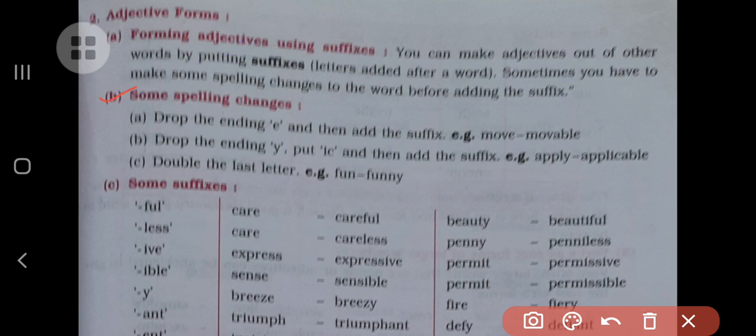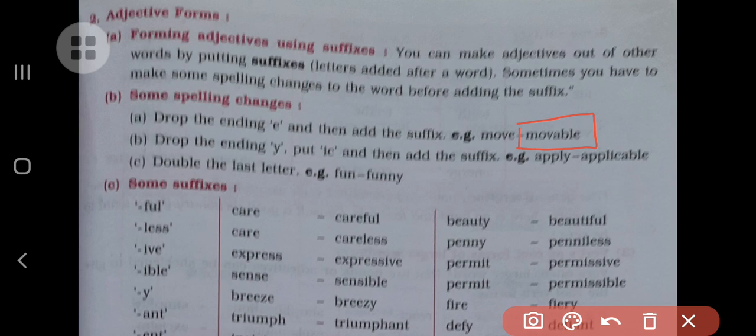The second way of forming the adjective is some spelling changes. So what are the spelling changes? Drop the ending letter e and add the suffix. For example, one word given here is move. Now when we want to convert move, which is a verb, into an adjective, we have to make some change in the spelling.